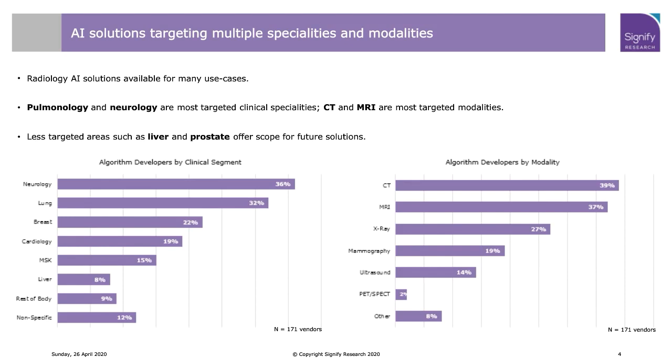Over on the right, we can see that CT, closely followed by MRI, are two of the most commonly used modalities targeted by AI vendors. As the market evolves, we will see an increase in AI solutions that target other areas, for example, the liver and prostate.